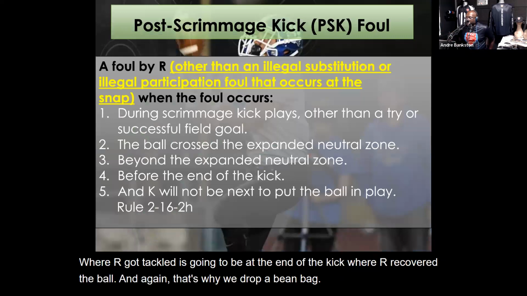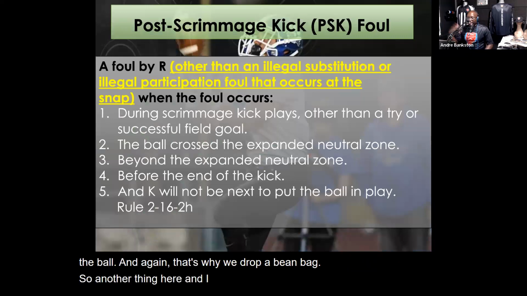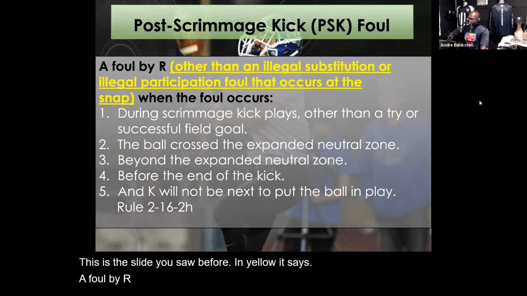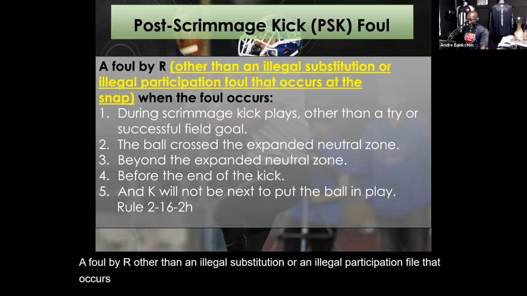So another thing here, and I added this one, I didn't add it to the first slide. It's the slide you saw before. In yellow, it says a foul by R other than an illegal substitution or an illegal participation foul that occurs at the snap.